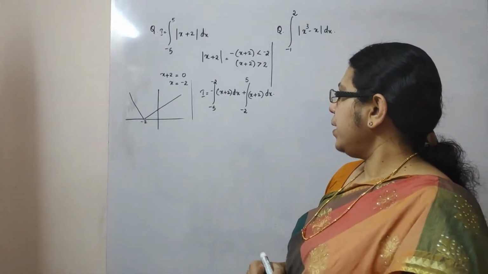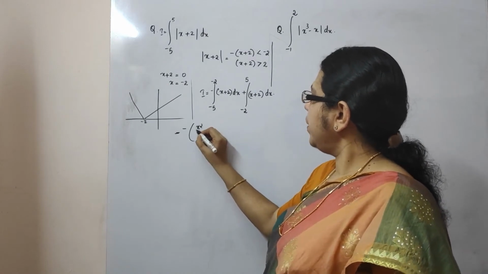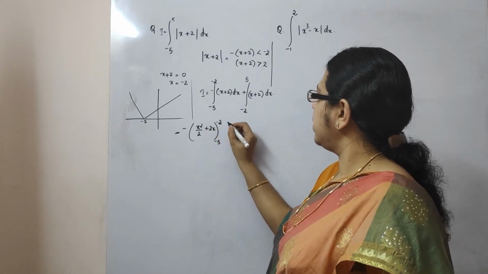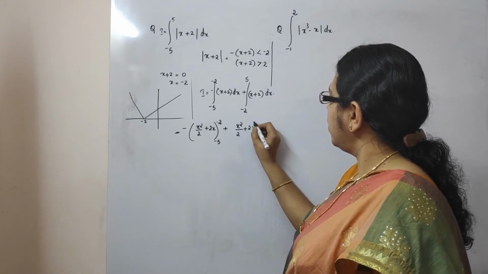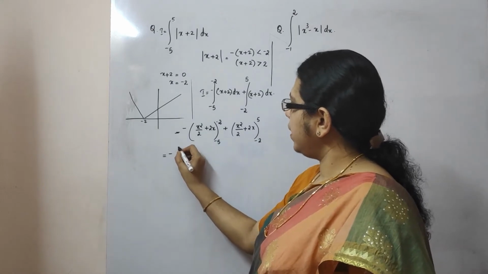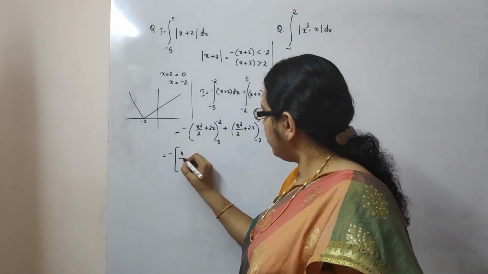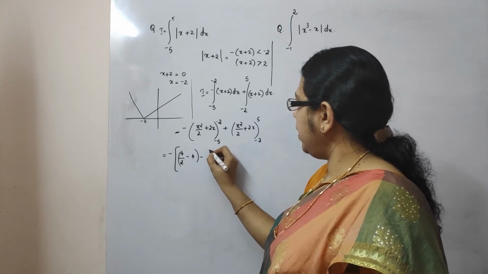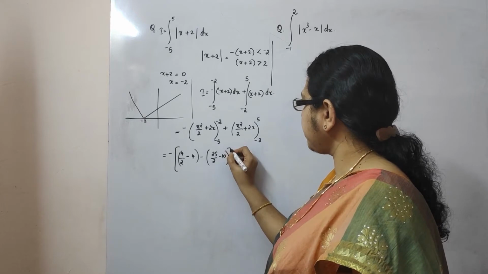So now I can write this as minus of x square by 2 plus 2x within the limit minus 5 to negative 2, plus x square by 2 plus 2x within the limit minus 2 to 5. Now this is equal to negative of, when I substitute the upper limit, I get 4 by 2 minus 4, this is upper limit, minus lower limit 25 by 2 minus 10.